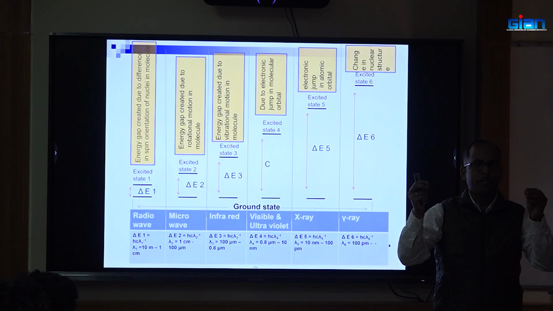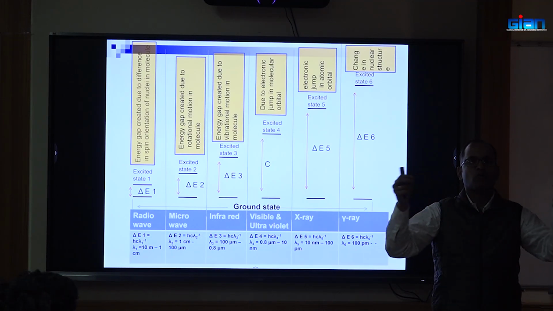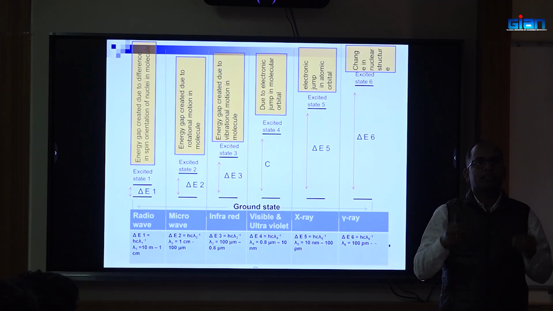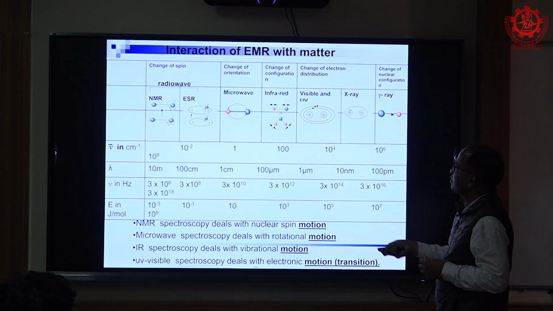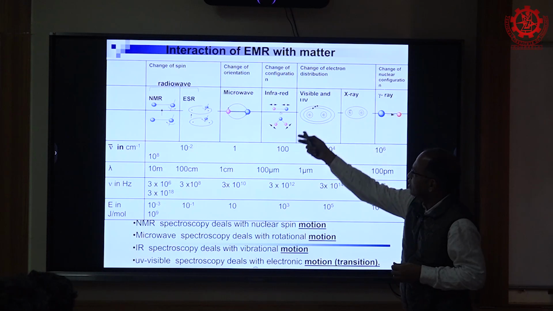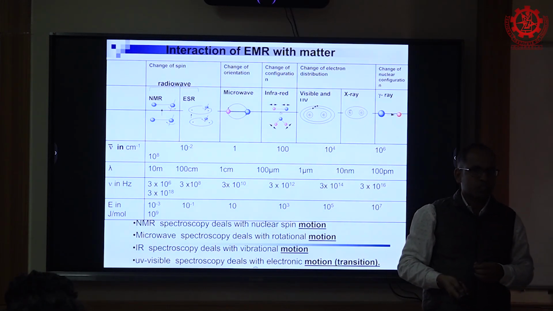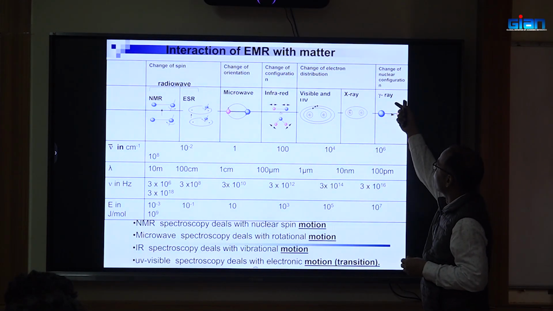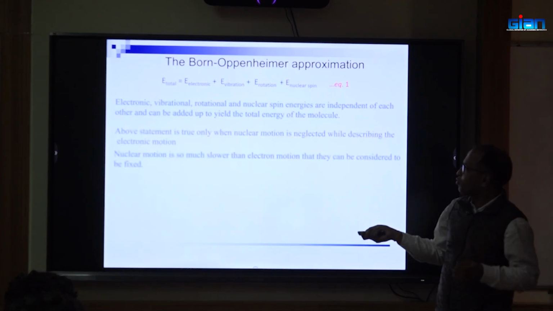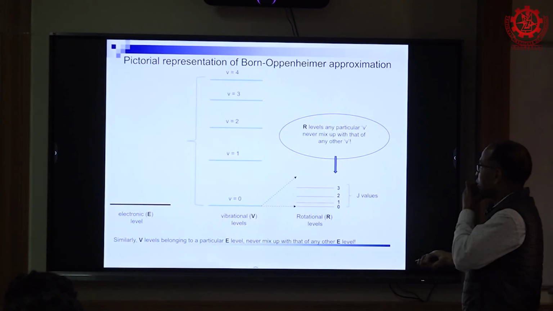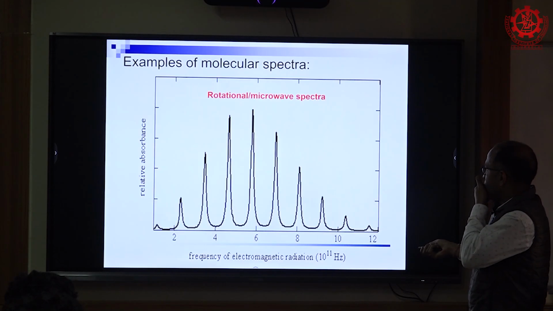They can come closer or go away, and when this happens, there is an energy difference. The different kinds of motions and energies, gamma ray, X-ray, visible and so on, are all given. We will not go into detail, I am only here to show you what happens.